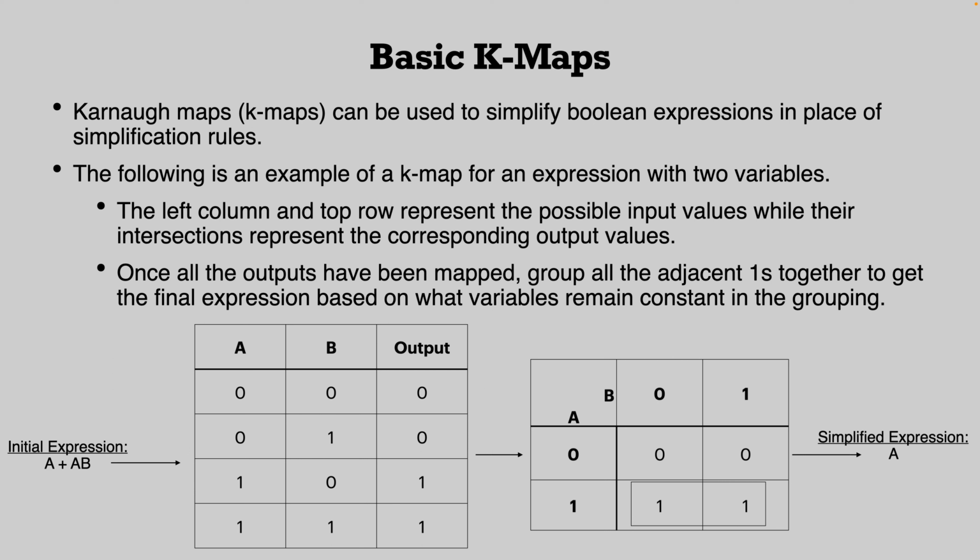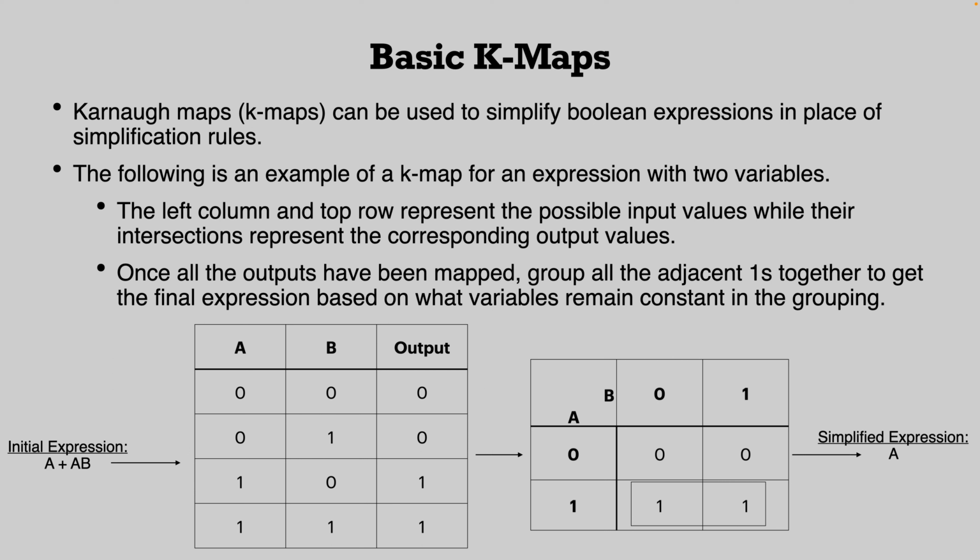The left column and the top row represent the possible input values, while the intersections represent the corresponding output values. You'll see for the A column where it's 0 and the B column where it's 0, where it intersects, that's also 0, just like in the truth table.